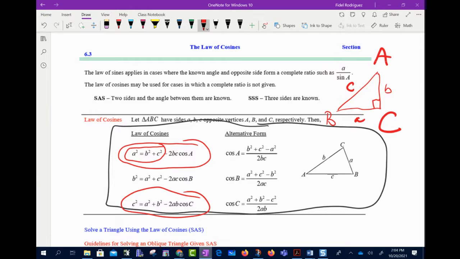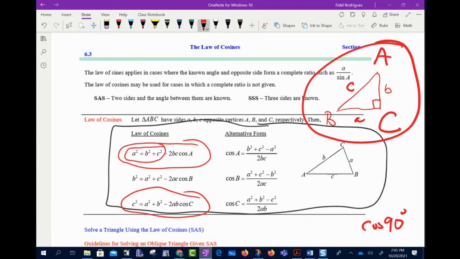Okay, so when you're doing the Pythagorean theorem, here's my right triangle. You'd say c squared equals a squared plus b squared, and then it has this minus 2b cosine c. Does anybody remember what's the cosine of 90 degrees? If I'm thinking about the unit circle, this is the point 1, 0, this is the point 0, 1, this is the point negative 1, 0, this is the point 0, negative 1, back to point 1, 0. So 90 degrees would be right here, the point where x is 0, y is 1.